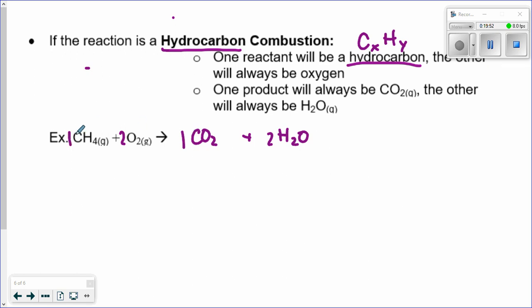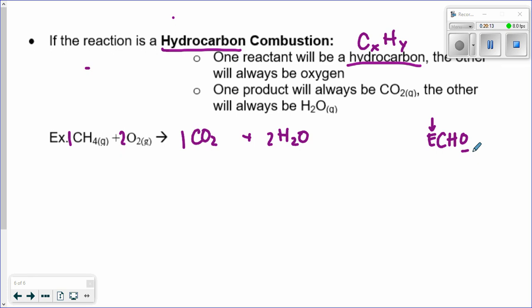Again, they're a little bit of a process to balance. So when you're balancing them, balance everything else out. So if you had sulfur or phosphorus or something, usually there's not anything else. So you'll just go on to C, H, and O. So you balance carbon first, hydrogen next. You always want to be balancing oxygen last.